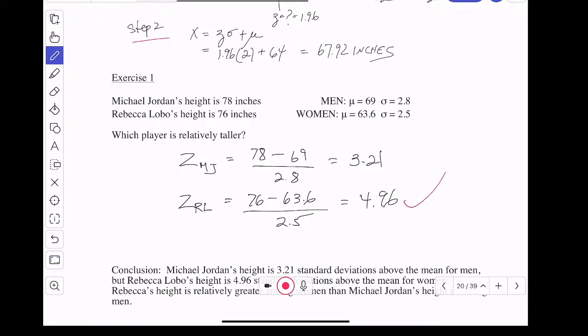So I didn't ask you for probabilities. I just wanted you to use a tool to explain who's taller. And you've done that by standardizing. You can compare those values now. You've made them comparable. Ready for the next one?